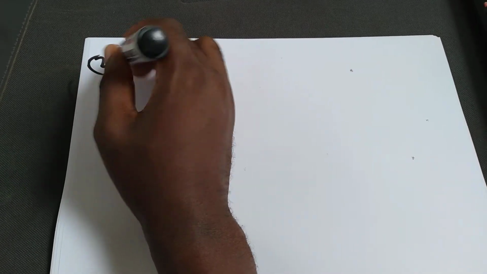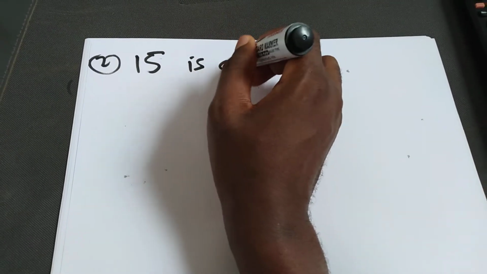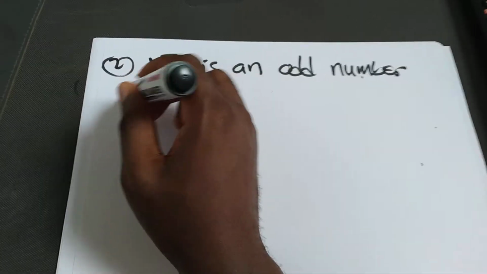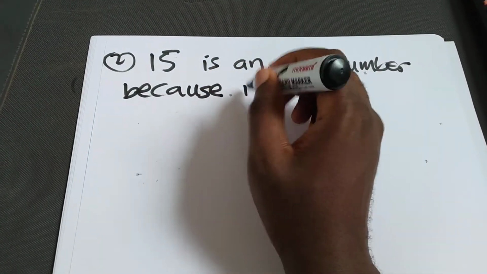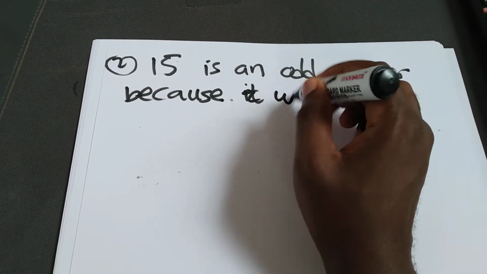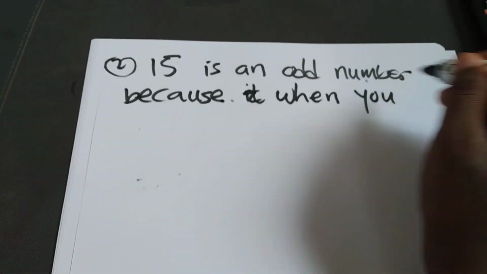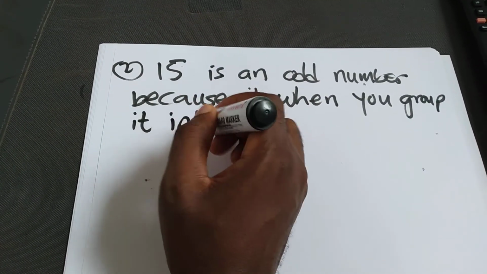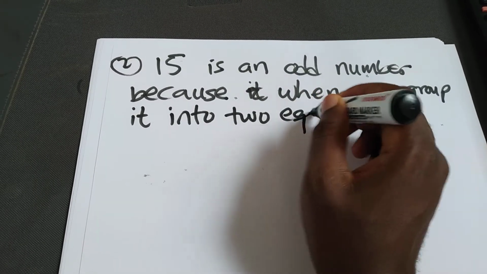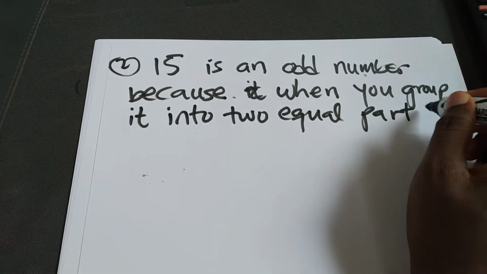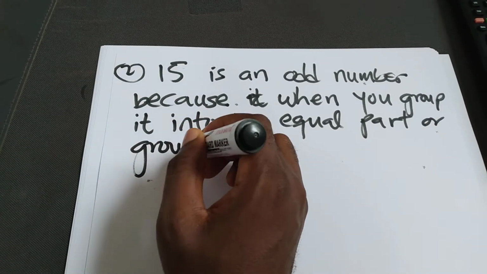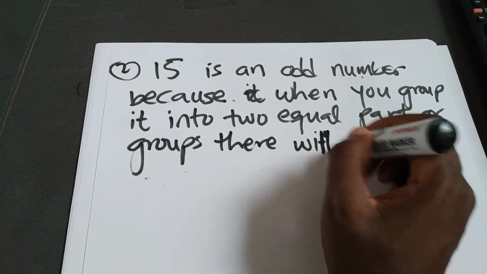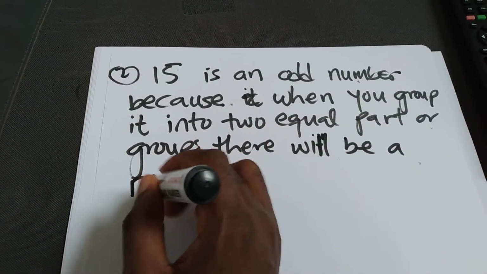The second fact says that 15 is an odd number because when you group it into 2 equal parts or groups, there will be a remainder.